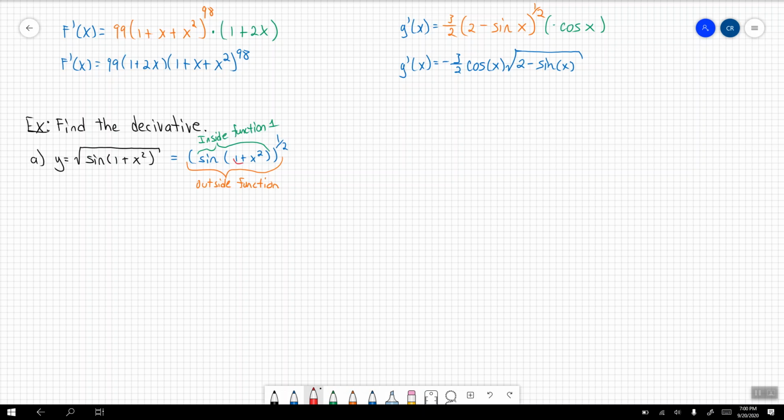This function is going to be your inside function, part 2. So we have 3 different function compositions that we have to worry about. A lot of times what I tell my students is this: try not to worry about the innermost function, inside function composition 2, too much.